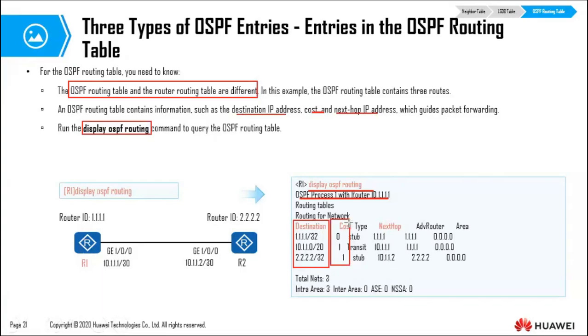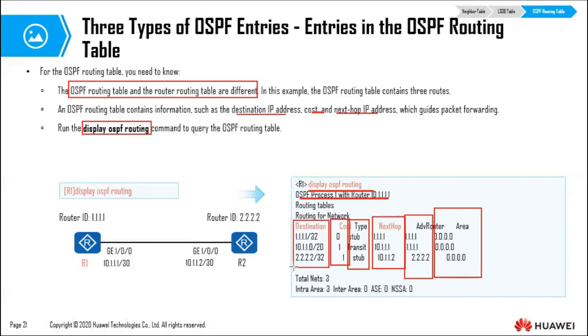Then it has the OSPF network type. Again, we don't talk about this here. You can learn about it in HCIP. But what is important is the next hop. So if you want to go to this network, then send it to this next hop. We also have the advertising router ID here, and the area to which that router belongs.